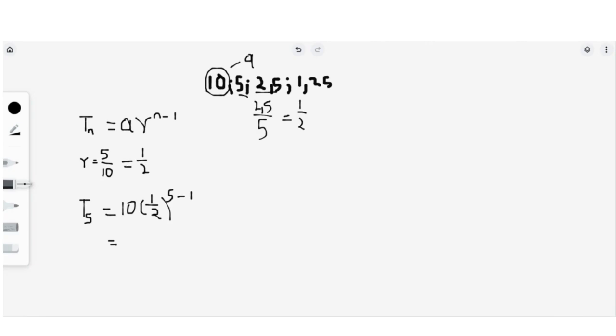And the answer is 0.625. In two decimals, we can say it's 0.63.